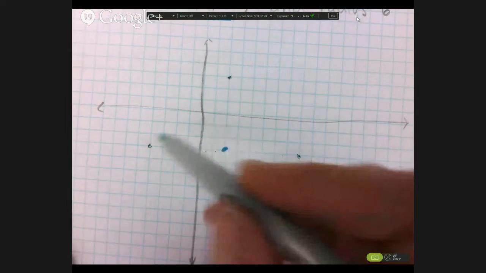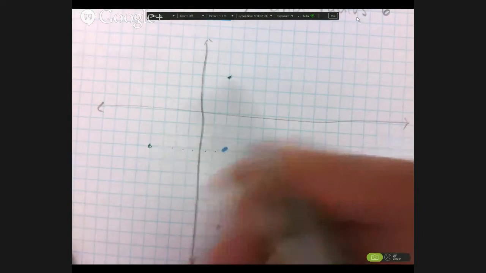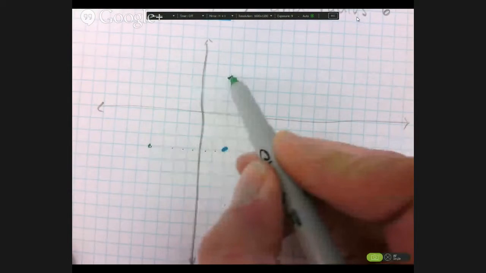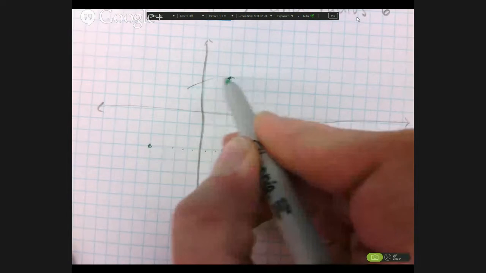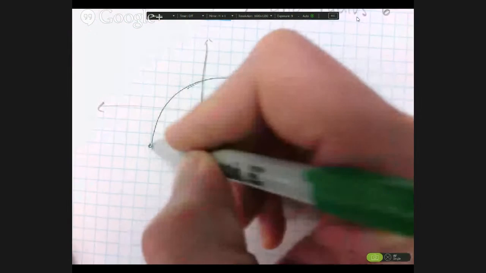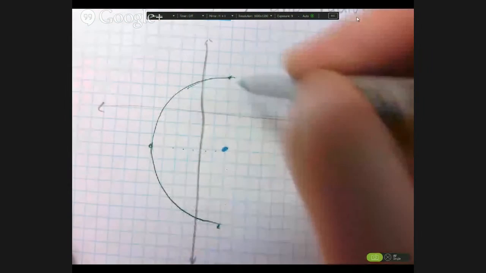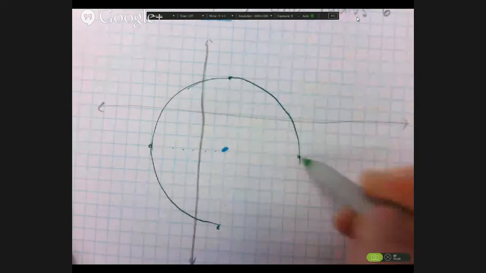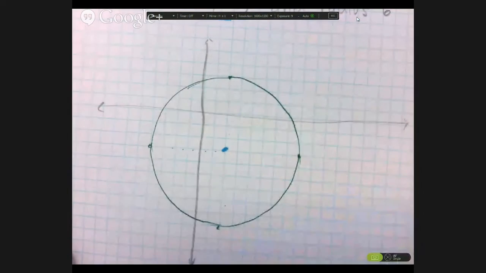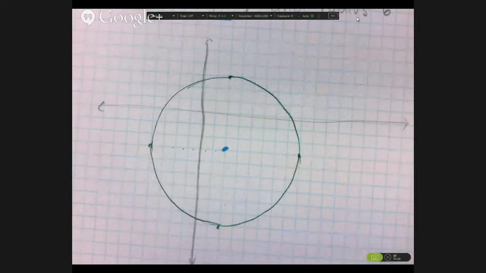You can use a compass, or you can just be perfect. Look at that circle.